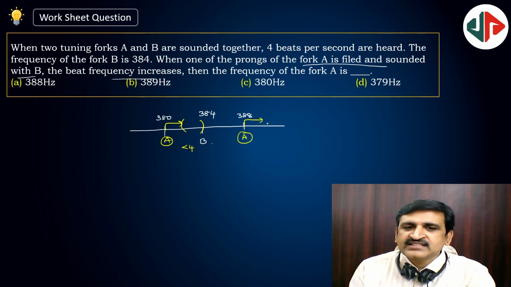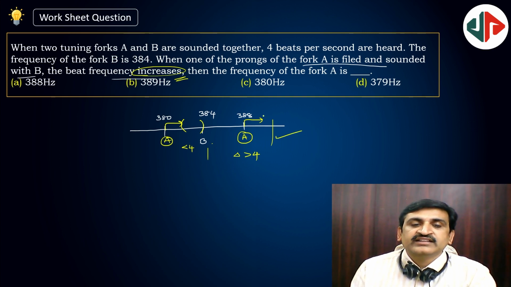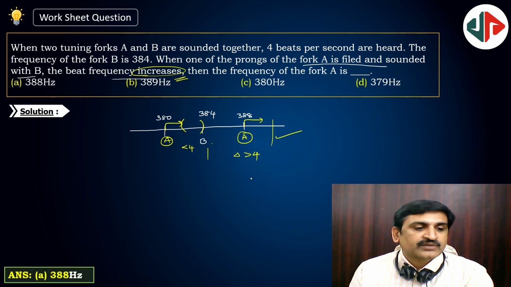If it is the other, this will come up to here and B is here only, so number of beats will be greater than 4. Beat frequency increases means it must be this one. So 388 before filing. So option is 388.